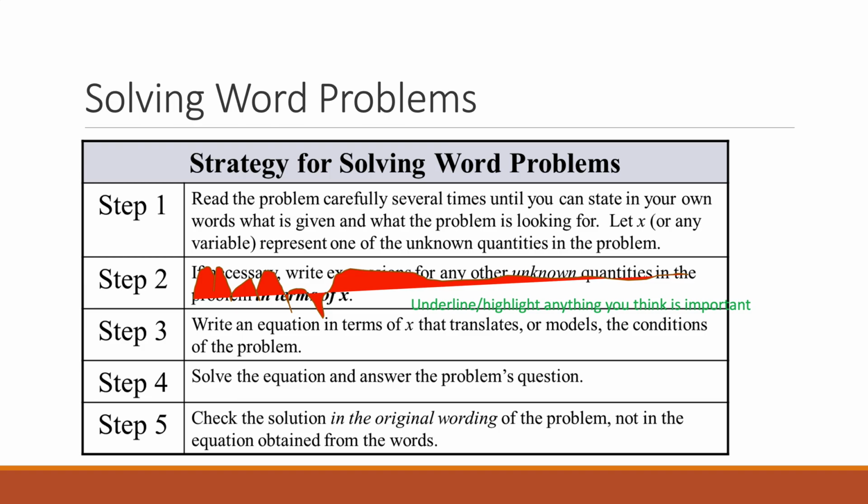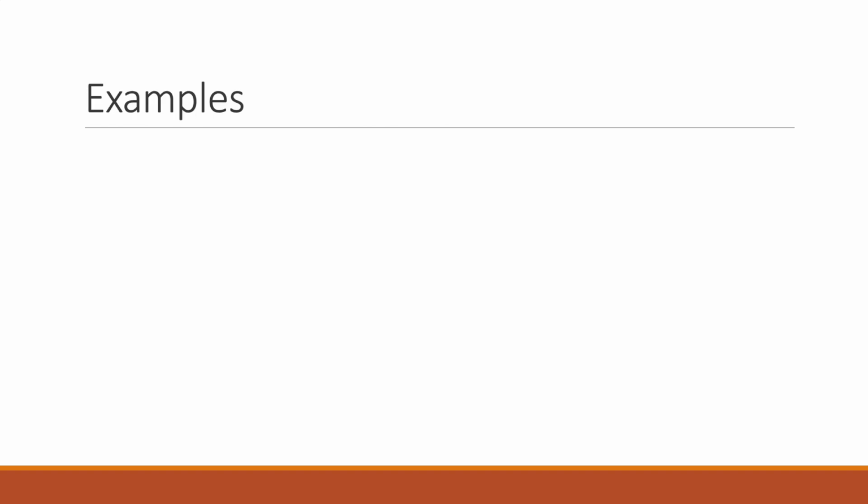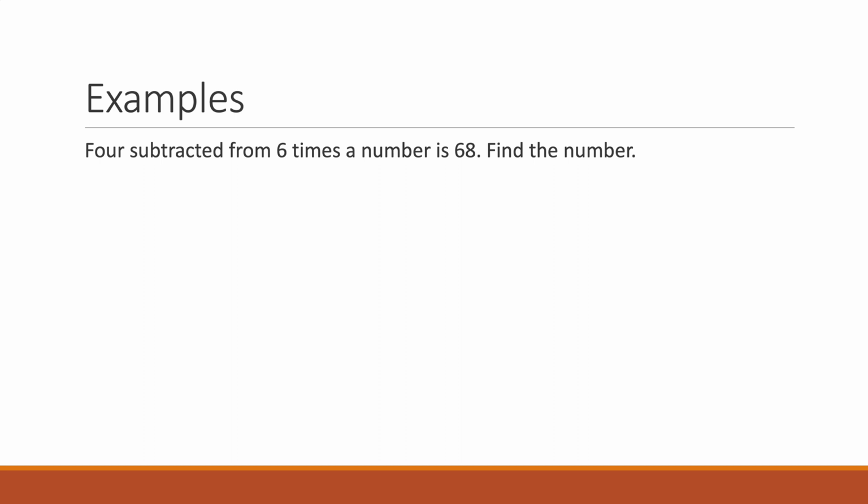You know to read the problem over. The big thing here is we want you to learn how to underline or highlight, because then you want to use each of those pieces of information. And that's how we set this up. So let me give you one example before we go to the next videotape. Maybe we'll even do a couple of examples.